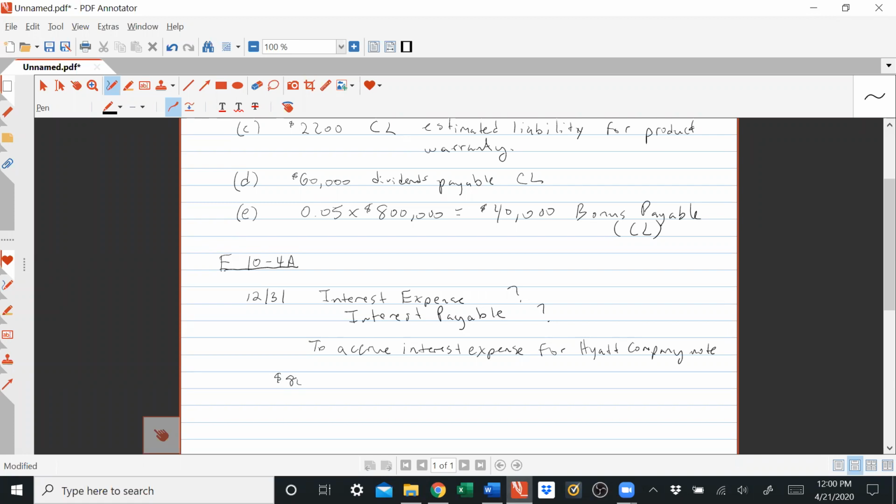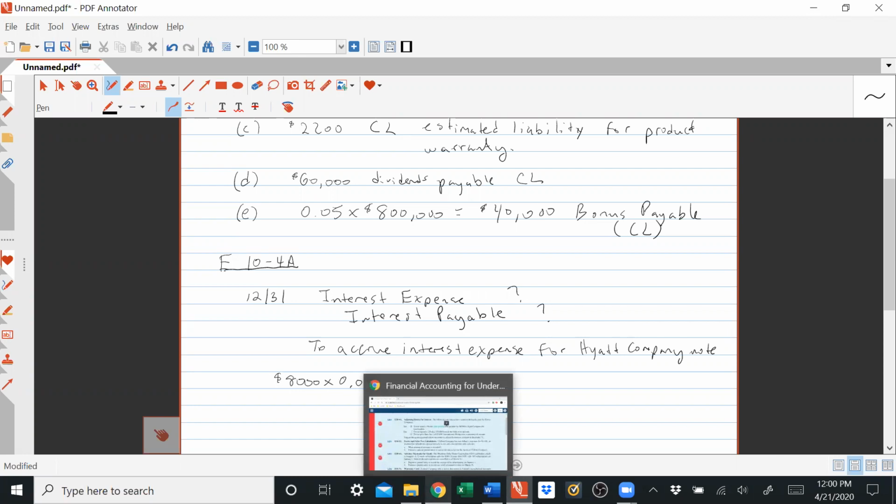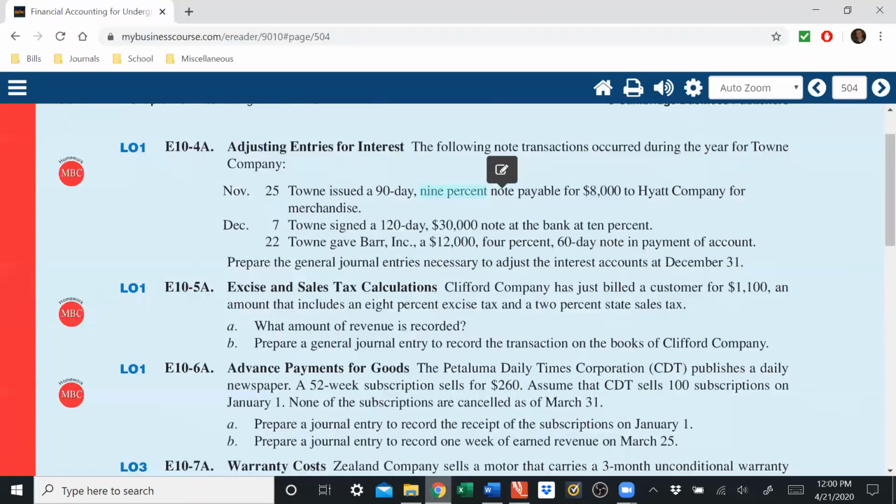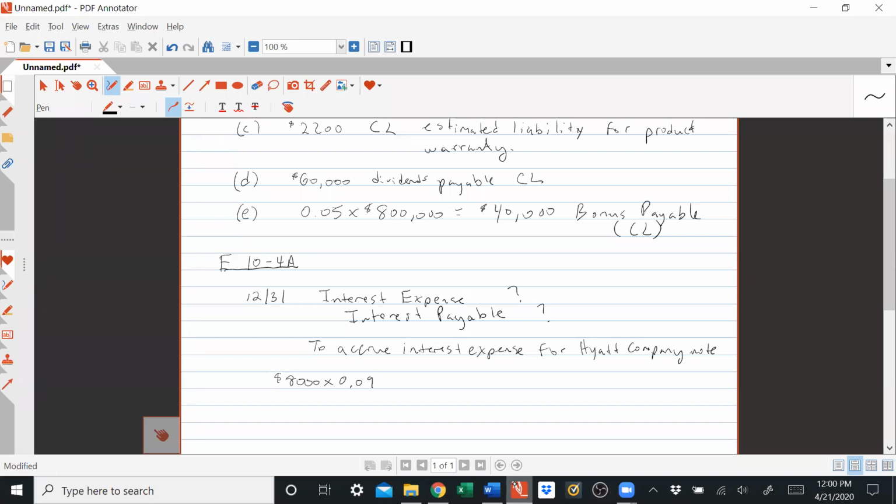So 8,000 multiplied by 0.09, 9%. This would give us the 12 months of interest, or 360 days of interest. Remember when we talked in the previous chapter, when it comes to these interest calculations, there are 360 days in a year. It's in a previous video.